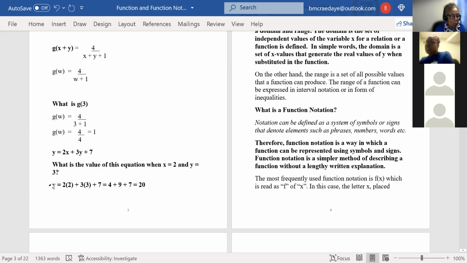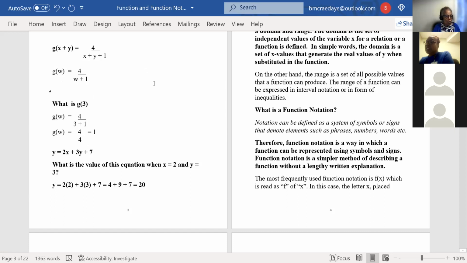Whereas here it's just y, but a function of something is really equivalent to y. This is the output. On the right side is the input. X, Y, constants, all this is input. And the Y is the output. It's dependent upon what's on the right. Just like the G of W is our Y and it's equivalent to what is on the right.